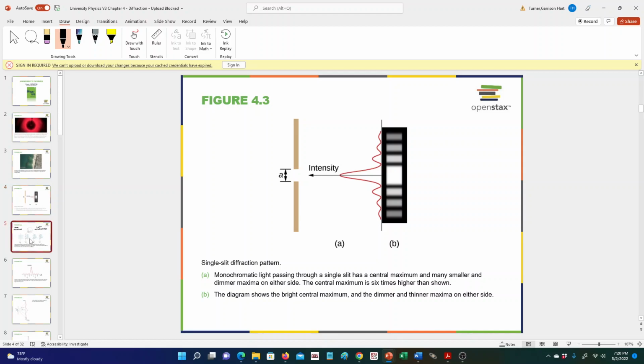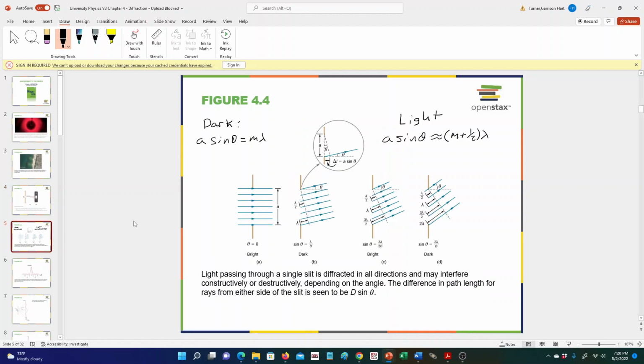Well, when you consider the plane waves coming through the slit, once again, each point along the slit can act as its own wavefront. And so when you consider the pieces of each wavefront that go straight through, or that are pointed radially straight, they will just simply continue moving on.